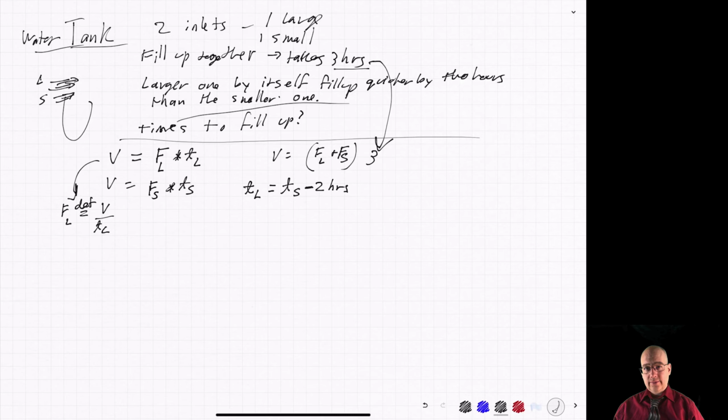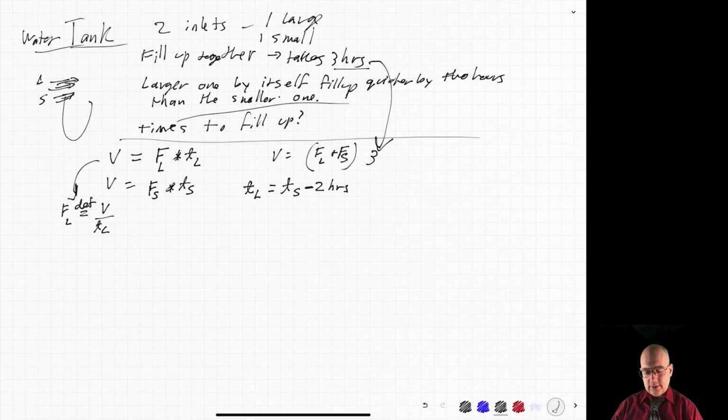Now, those are the two things separately, and when I put both of them on, I'm combining their flow rates. For whatever amount of time they're both on, I multiply each flow rate by that time, I get a volume, and that's the volume of that thing. And we're saying that if I combine them like that, it takes 3 hours to fill up the tank.